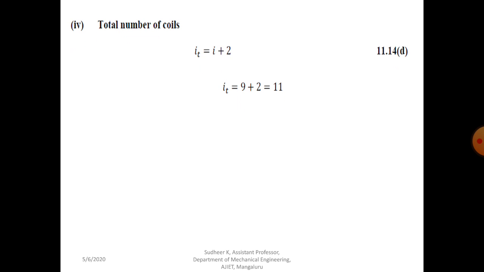Now how to find out total number of coils? So that is from equation number 11.14d, by considering the type of spring coil end as square end, ground end, so that we have to add 2. So this value will change if not given any condition in the problem. What is the type of spring coil end? There are four important end coils.